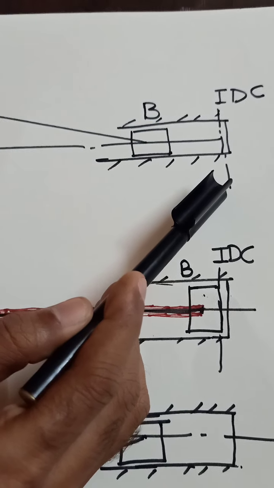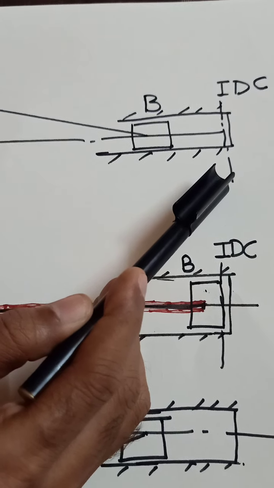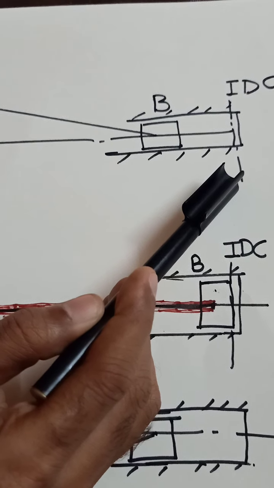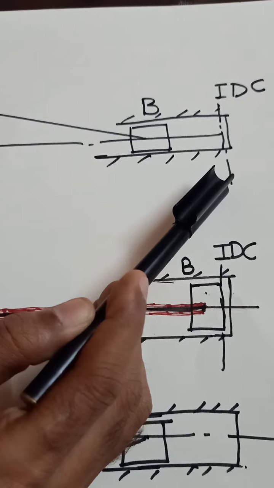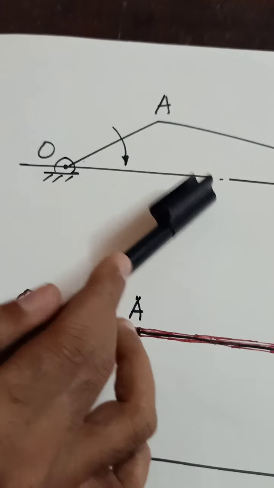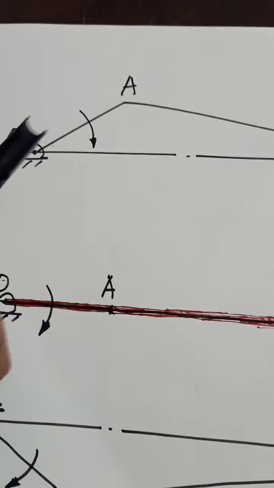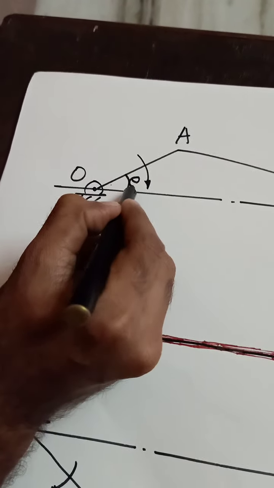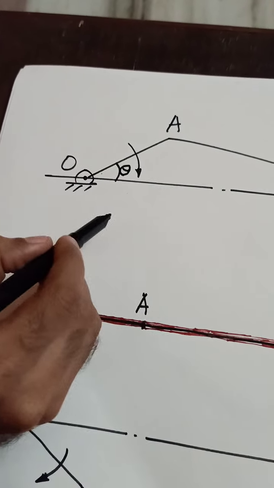In this given problem, the crank is at 45 degrees from the inner dead center position. So suppose this is some random position of the crank I am showing here at angle theta. This crank is moving in clockwise direction.